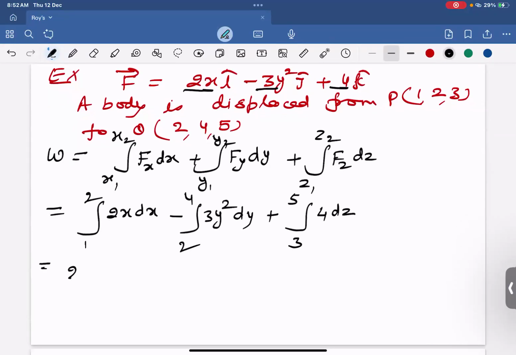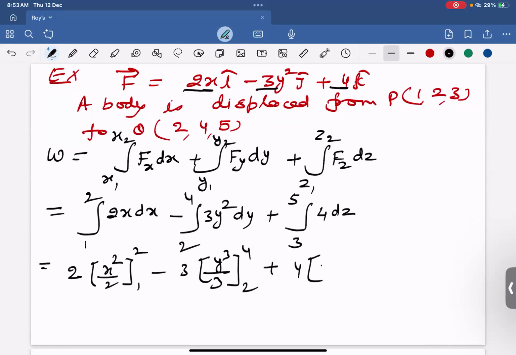Constant you can take outside, x integration will be x square by 2, and the limit is 1 to 2. 3 will be taken outside, y square integration will be y cube over 3, and that is from 2 to 4. 4 is outside, dz integration will be z simply from 3 to 5. 2 I can cancel, 3 I can cancel.